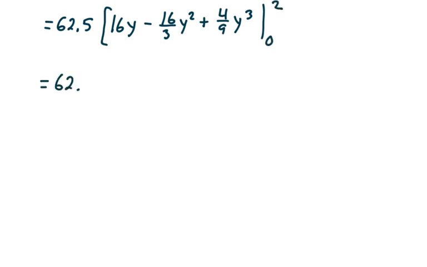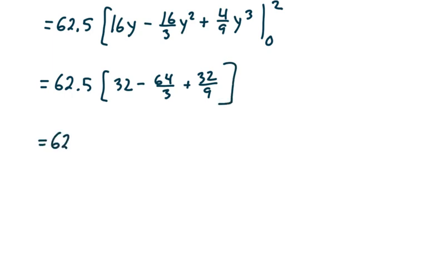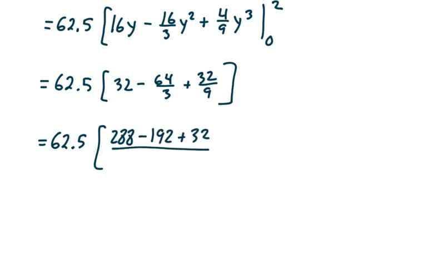So this is 62.5 times 32 minus 64/3 plus 8 times 4 is 32, 32 over 9. So this is 62.5 times. Now, 32 times 9 is, what is that? 288. And then minus 192 plus 32, divided by 9.